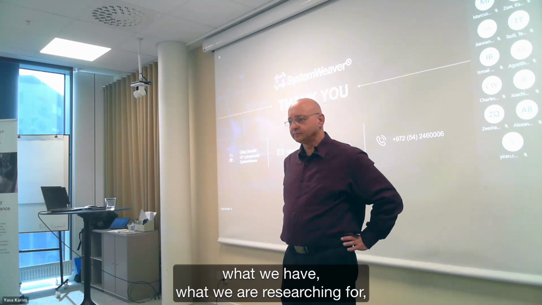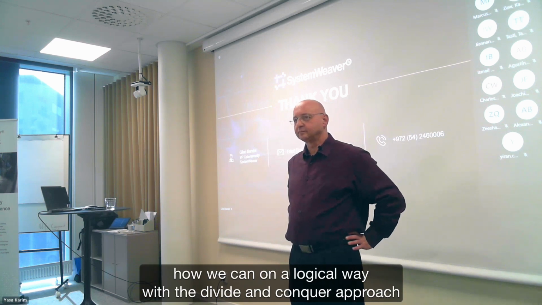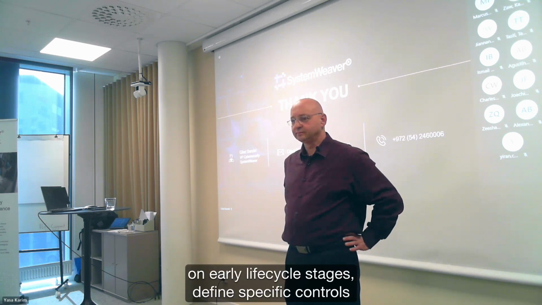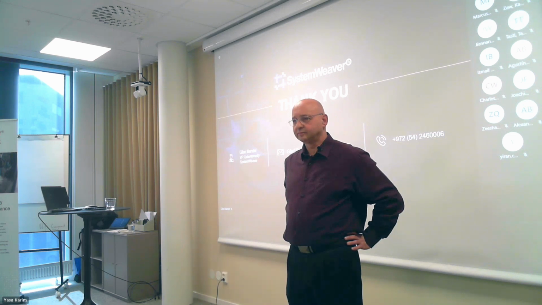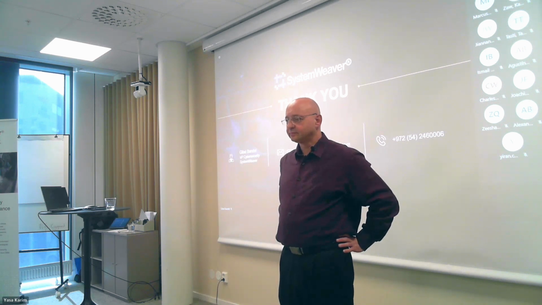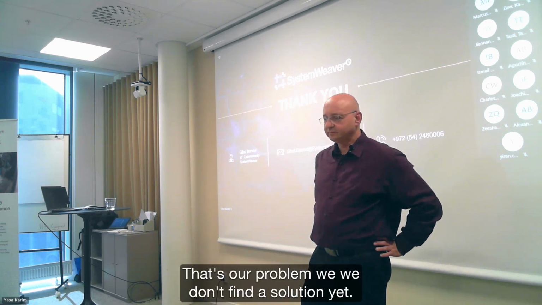What we are researching for, how we can, in a logical way, with the divide and conquer approach, on early life cycle stages, define specific controls, or make a TARA light version. Yeah, that's our problem. We don't find a solution yet.